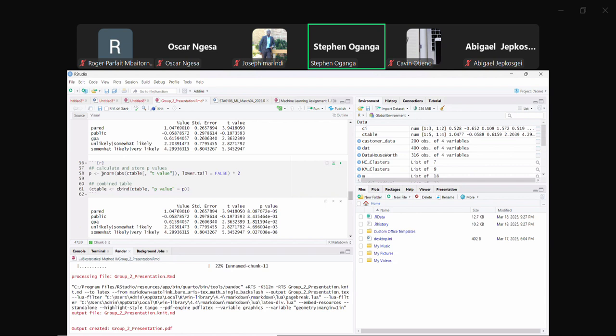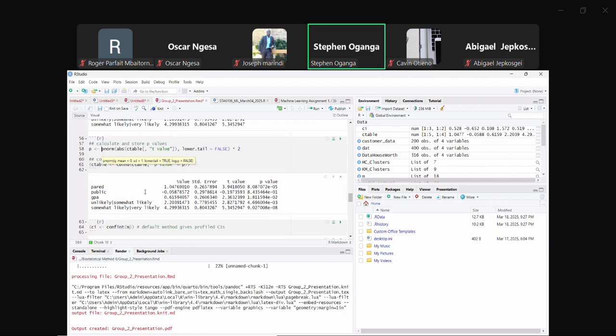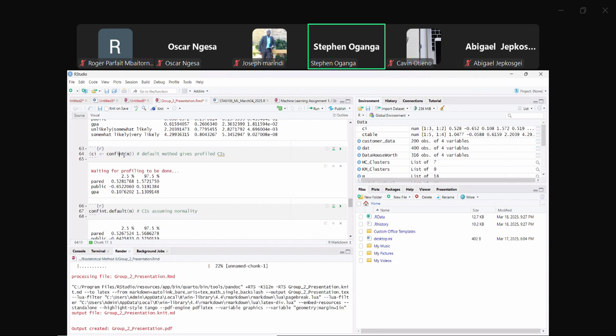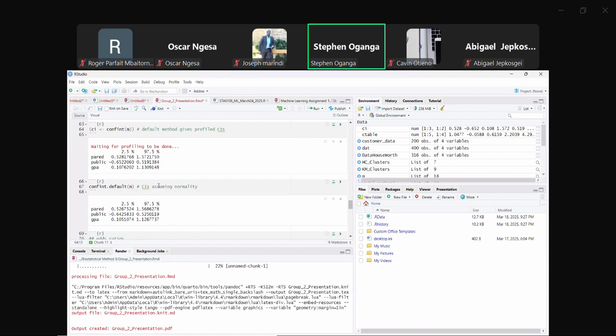And then here we use the pnorm to have this output. The value, the standard error, the t-value, and the p-value. This line was to give the confidence interval, and here we have it.